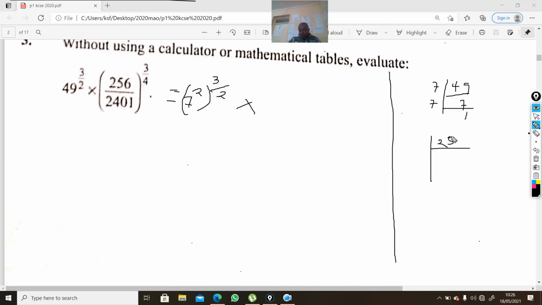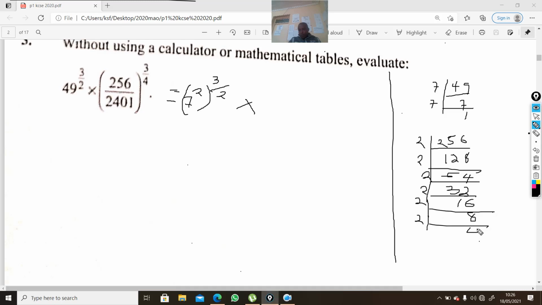256. Think of 2. 2 into 256 is 128. 2 into that is 64. 2 is 32. 2 is 16. 2 is 8. 2 comes to 4. 2 comes to 2.